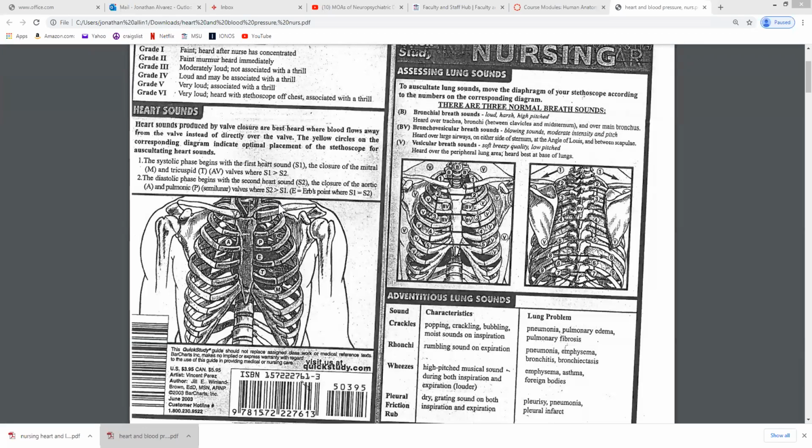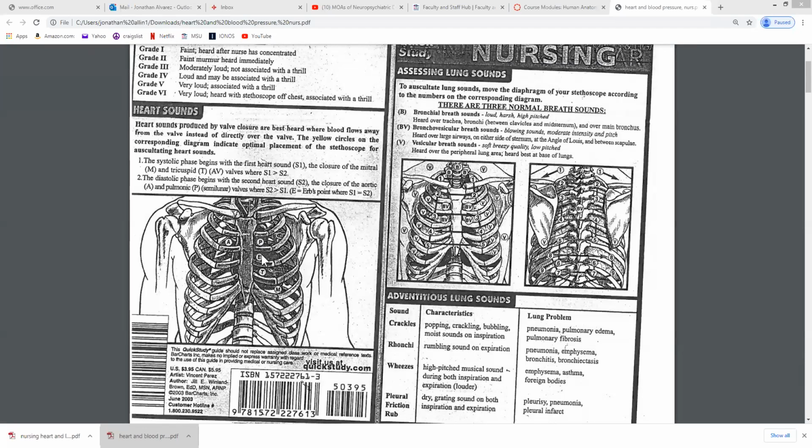Okay, so to recap, you start on the patient's right side, second intercostal space on the right, aortic valve. Move over to the left, second intercostal space on the left, pulmonary valve.